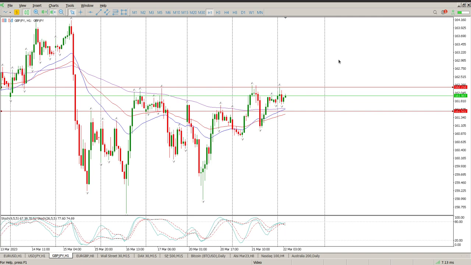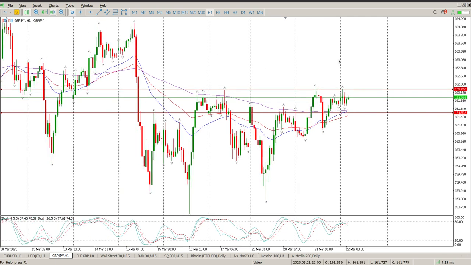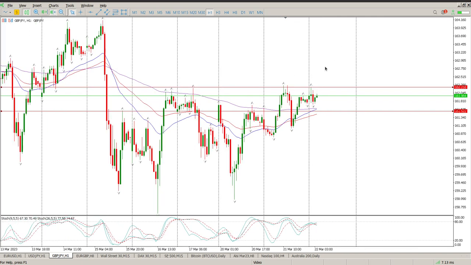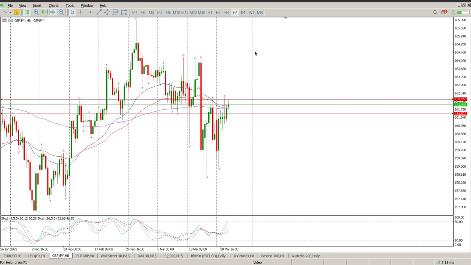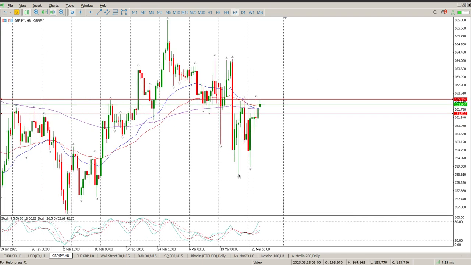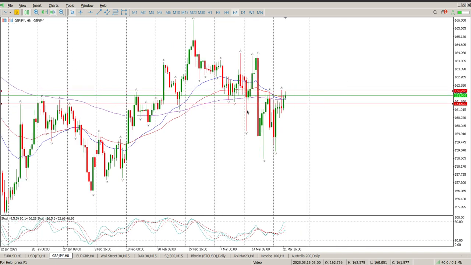I'm a little bit reluctant to jump in on this one as well. The logic on the 1 hour is that we should be moving to the upside, but if you take the bigger picture in play, you've broken below the moving averages. Lots of buyers coming in, granted, but we're in an area of volatility, or an area where anything can happen.